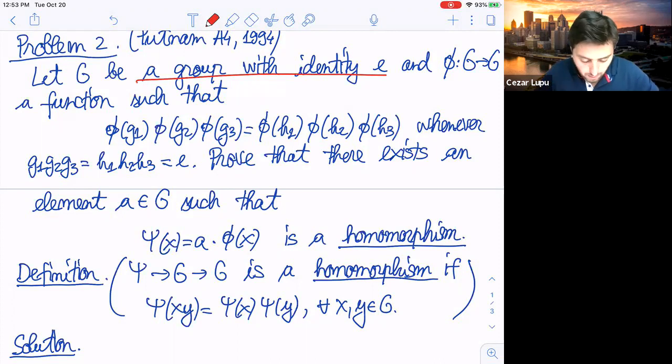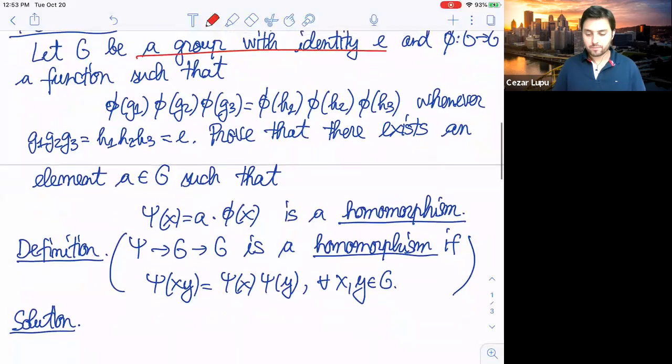So there is one thing about homomorphisms. What do you think is going to happen to homomorphisms if you look at them with respect to the identity, can you tell me? So they will send the identity into what?